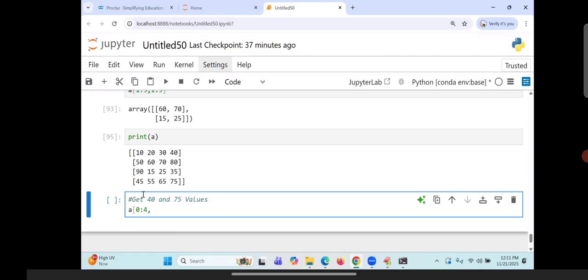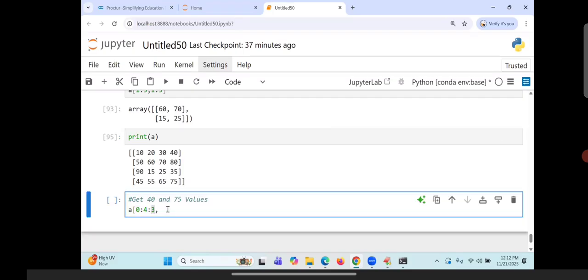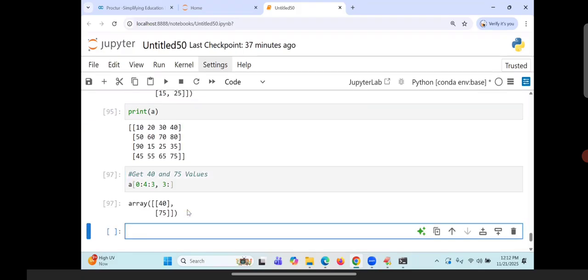After colon 3. Okay, good. 0 colon 4. 0 colon 4 means all rows. 3, what is the meaning of 3? Step 3. So, okay, next 3 colon. 3 colon means last. This is called 0, 1, 2, 3. Only 3 you can say. So you are going to get 40 and 95. So you are good. Good, yes?